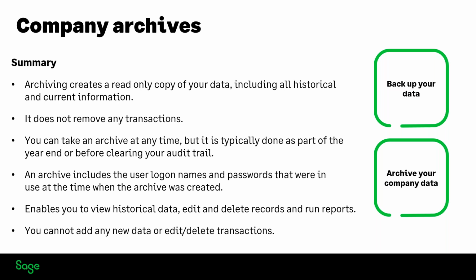But archive-wise, it's not just your archive for a certain period, it is everything as it stands. So if you've got 10 years' worth of data in your live company because you've never got rid of any of the information, all of that would be included in the archive. It copies it all, literally everything: every record, every transaction, every invoice, every credit note. I hope that makes sense.